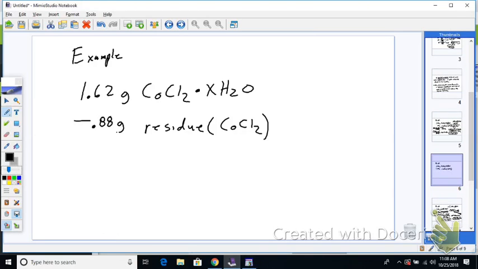So go ahead and write that down, and we'll talk about what these numbers represent.